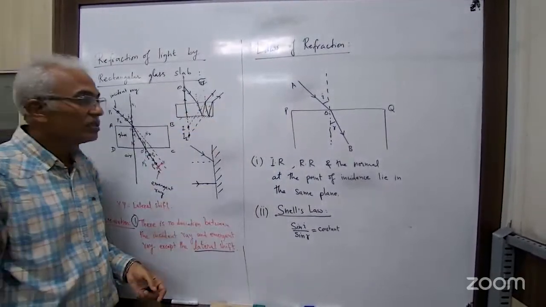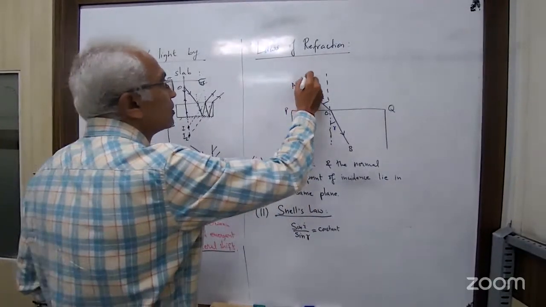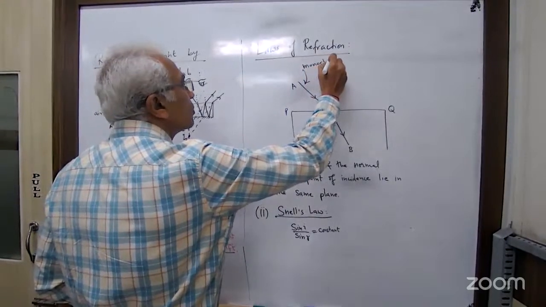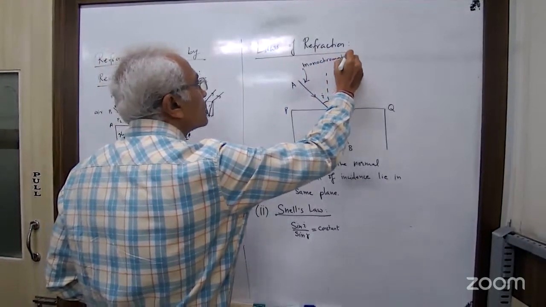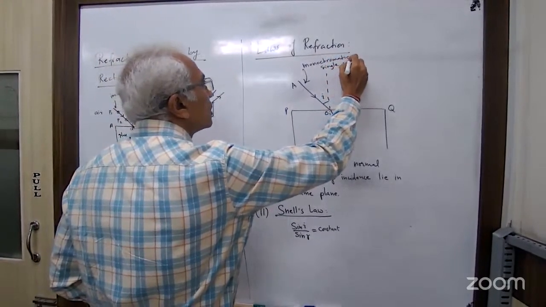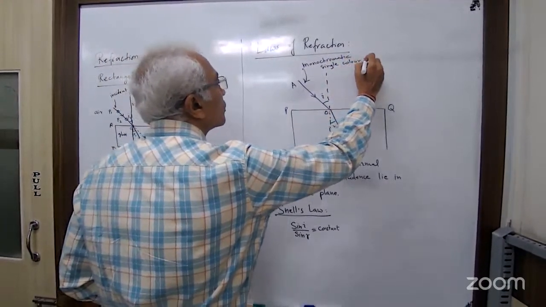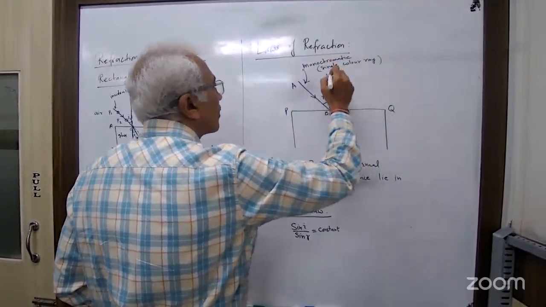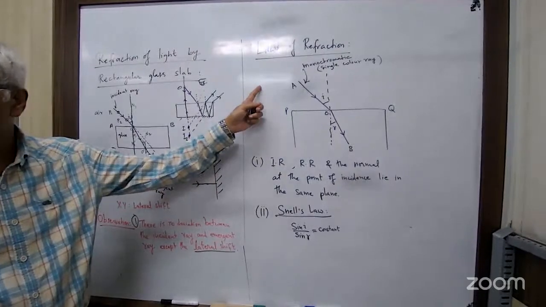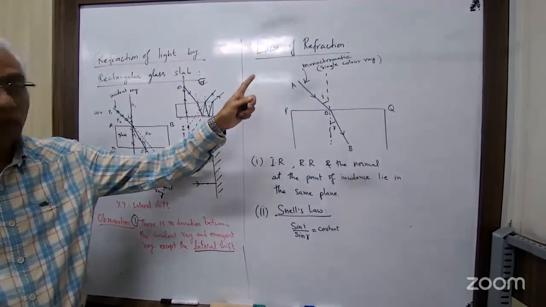So imagine this is a monochromatic incident ray. It's monochromatic. Then what is this? Single color ray. This relationship is applicable for a monochromatic ray of a single color or single wavelength.